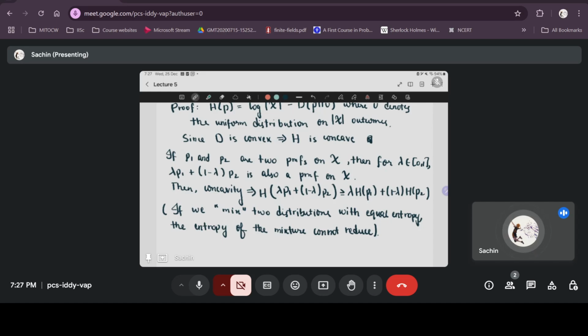So by mixing two distributions, what we mean is, suppose you're doing an experiment. Say you're rolling a die and seeing what the number on the face of the die is. So you have two different dice. One has a uniform probability, that is, each of the faces 1, 2, 3, 4, 5, 6 is equally likely to occur, and another has different probability.